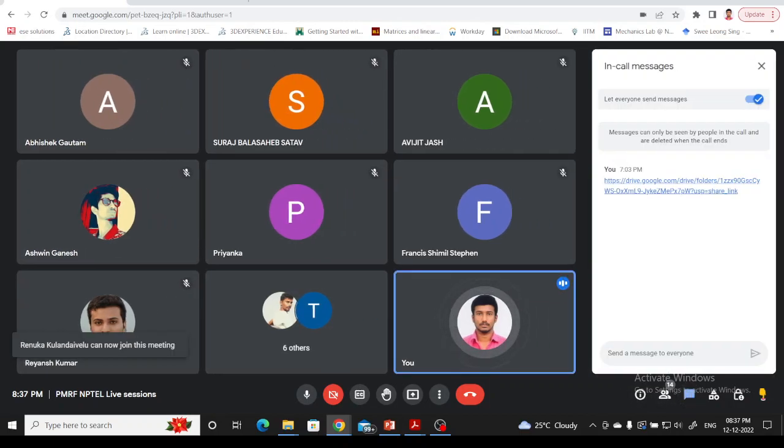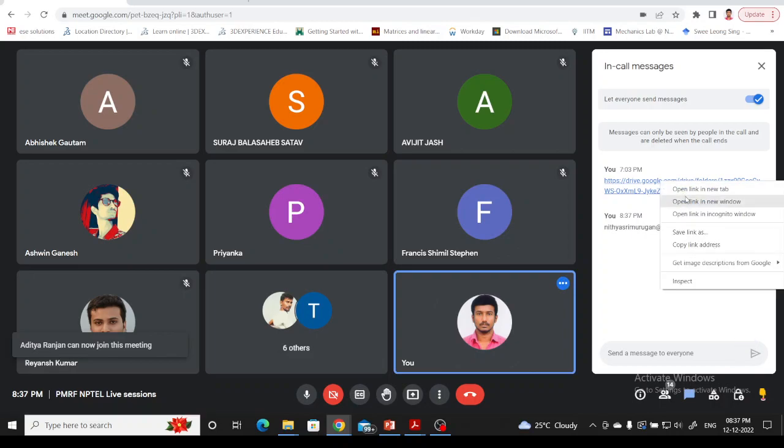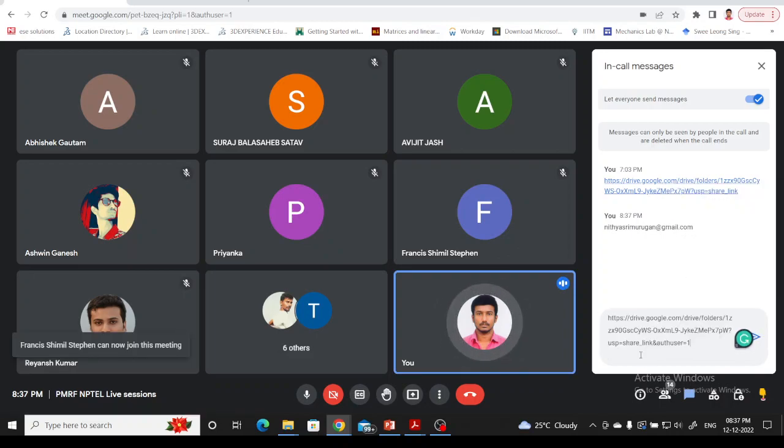I will share my mail ID. I have shared the mail ID with you. Sir, can you share the drive link also? Yeah, I will share the drive link also. See to that whether the drive link is accessible.